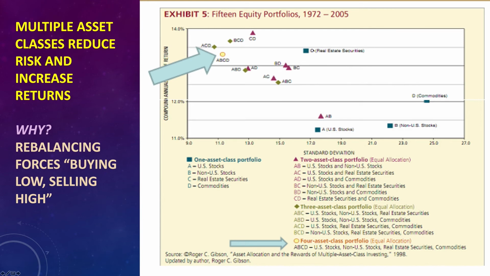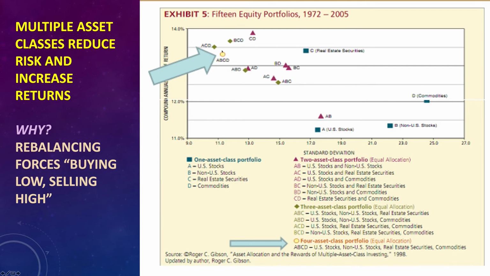But if you combine those portfolios, if you combine them into two, you see these triangles. If you combine them into three, you see these green diamonds. All right. You would have loved to have been here or here, depending on your risk level. And then if you combined all four, you would have been there. So you would have had a lower risk as measured by standard deviation.